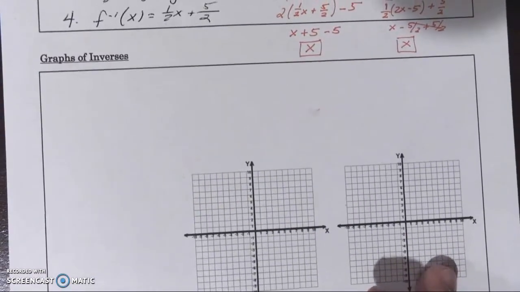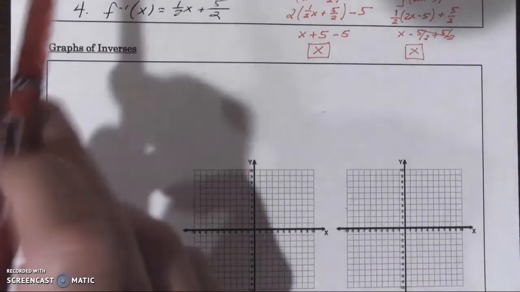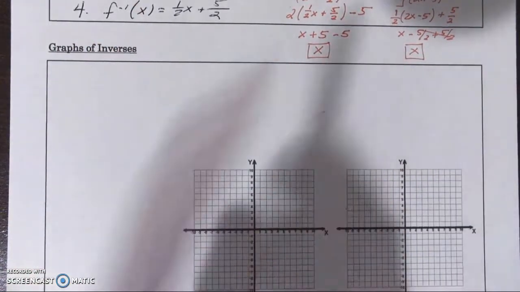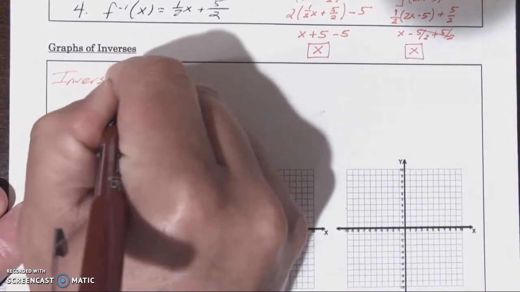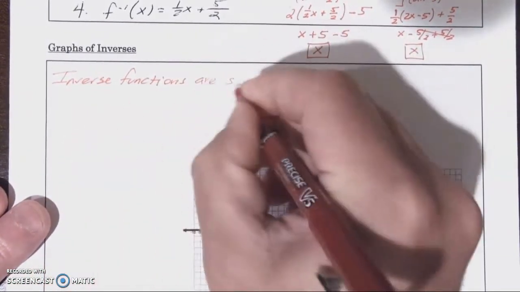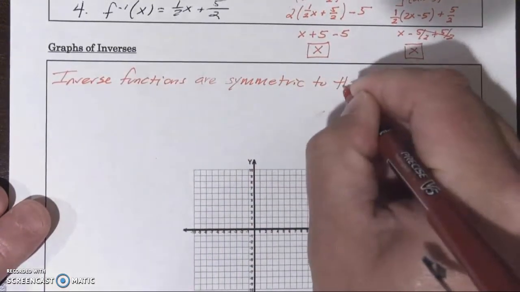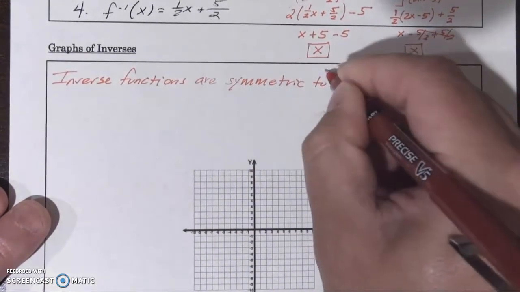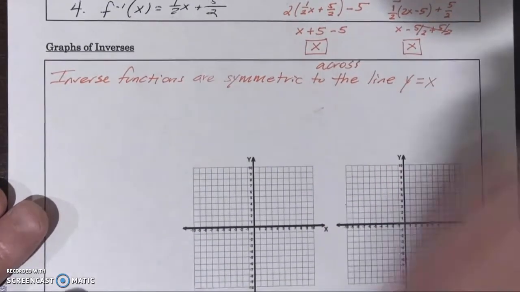Okay. So we talked about what functions look like algebraically when they're inverses, not only how to find it, but how to prove it. The graphs of inverse functions are symmetric to the line, or across the line, whichever one you want to think of, y equals x.